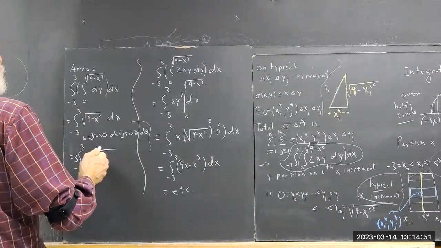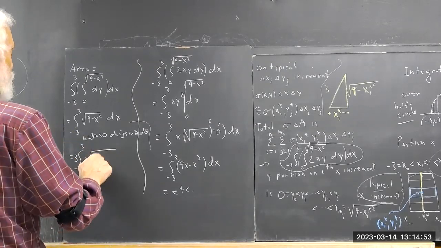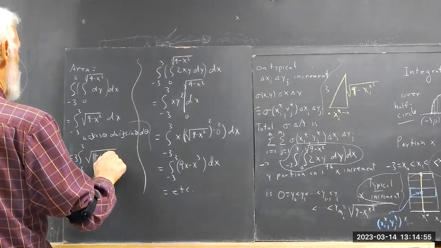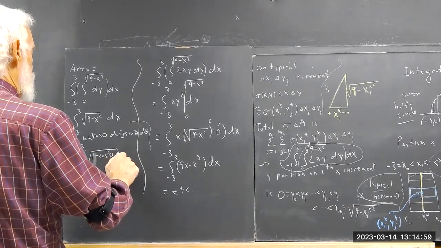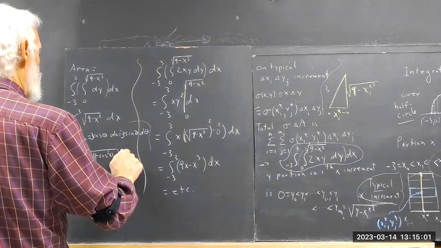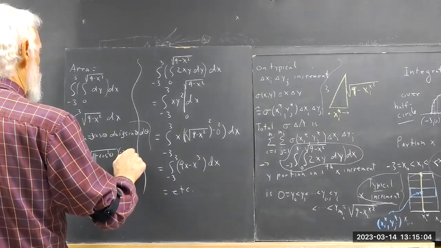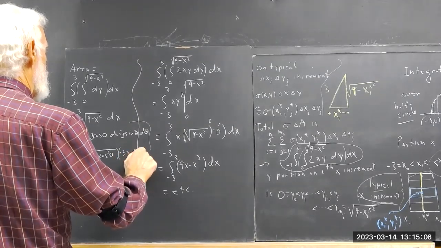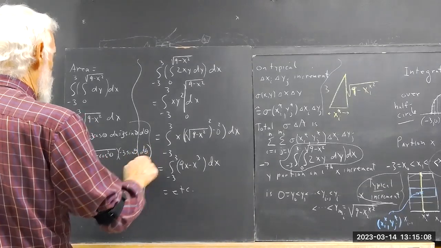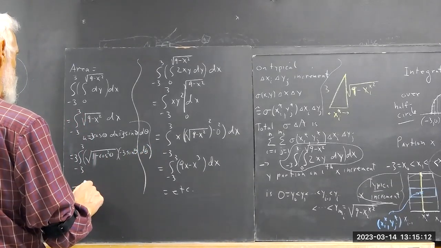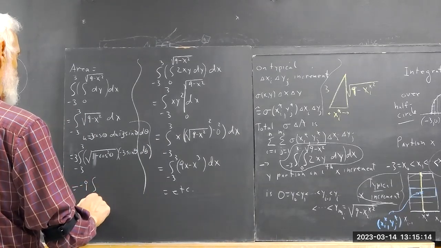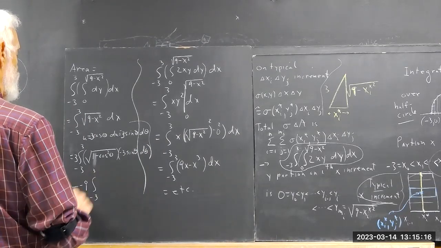We factor a 9 out of this, it becomes a 3, and we end up with 1 minus cosine squared theta times negative 3 sine theta d theta, which is then going to give us negative 9 times the integral from negative 3 to 3.